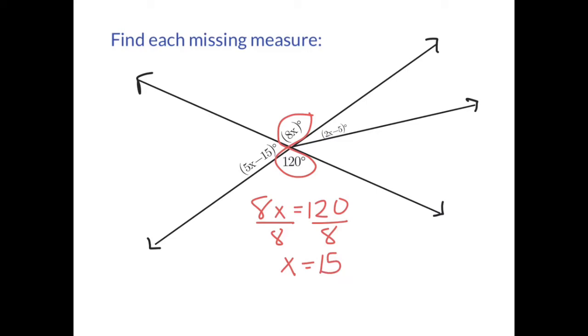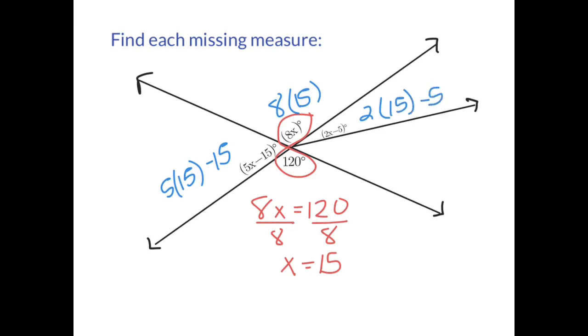Now that is not an angle measure, that's just a value for x. So I can come over and plug the 15 in for x. I could double check that 8 times 15 does actually equal 120. I am going to want to do that. And then 2 times 15 minus 5.